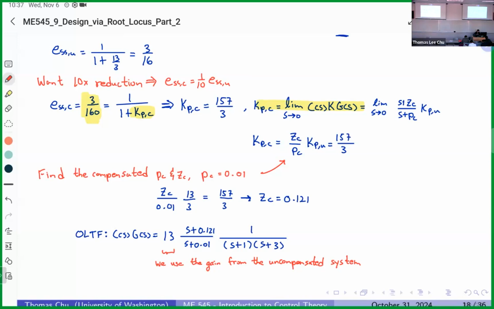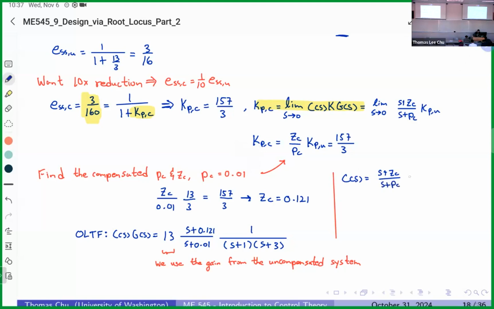Is that 0.121? Why? Oh, yeah. ZC is 0.121 because we define our controller as S plus ZC divided by S plus PC.